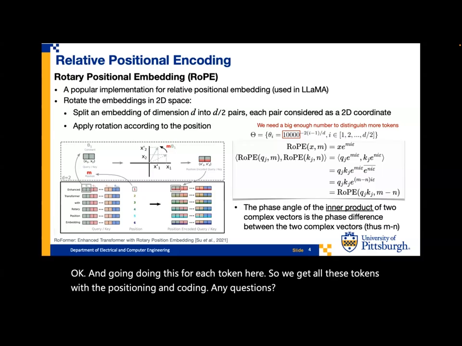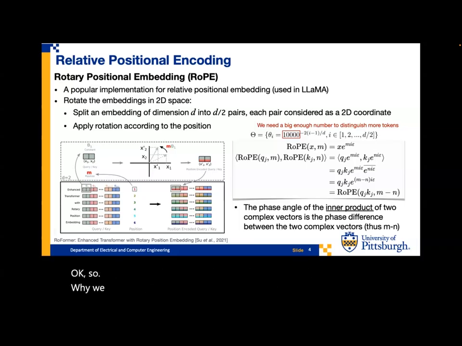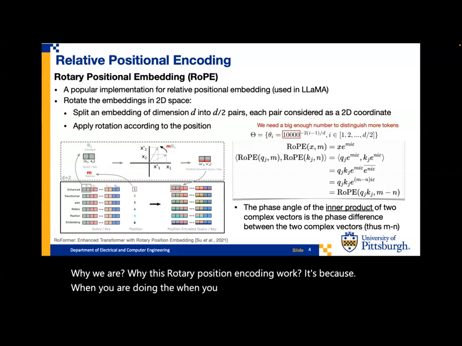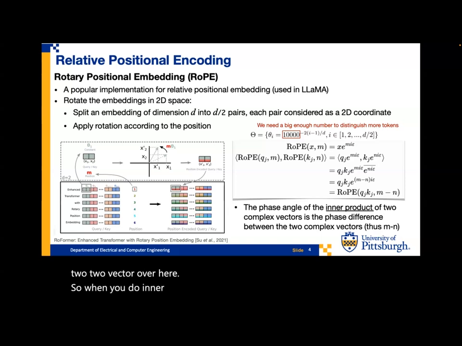Okay, so why does rotary position encoding work? It's because of the inner product of these two vectors, for example when you are doing the attention operation.